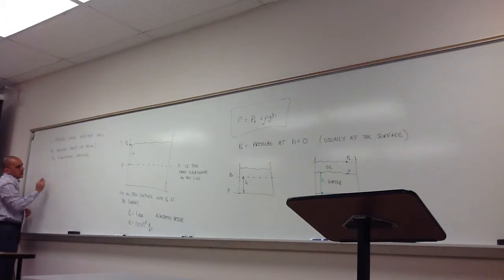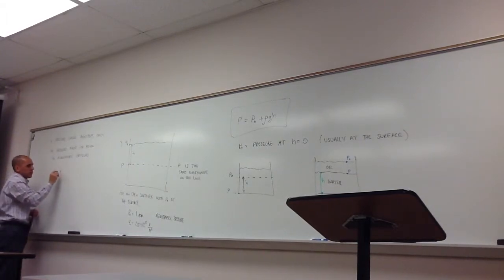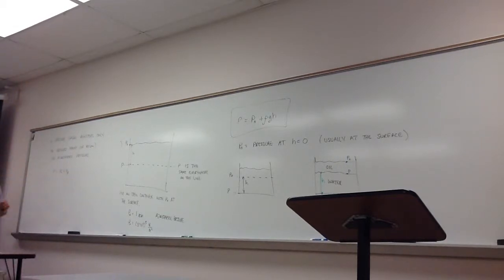And we can say that the absolute pressure is equal to the atmospheric pressure plus the gauge pressure. Okay? We got all these different P's here. I'll write down what each one is.